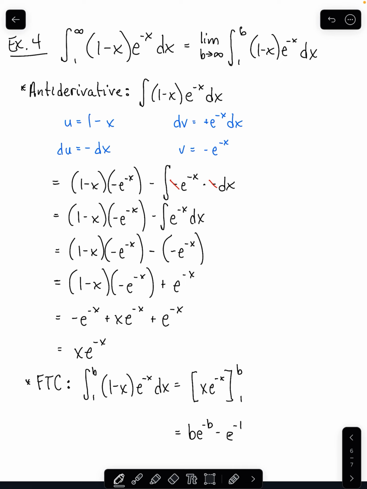And this is our antiderivative evaluated at the limits of integration, so that now we can apply the limit to this expression.